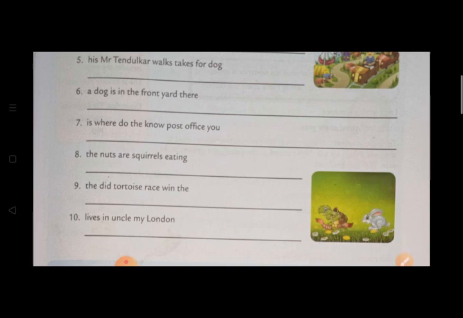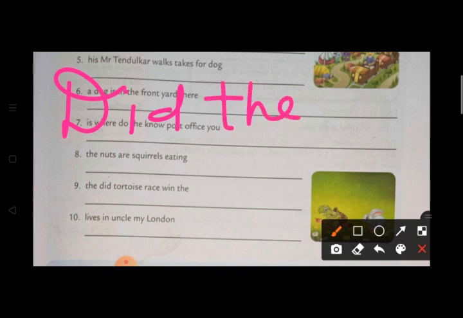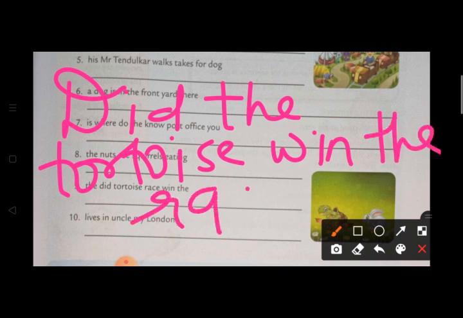The did tortoise race win the. Now this is again a question. So we are going to write did the tortoise win the race? And here we are going to put a question mark. Okay.